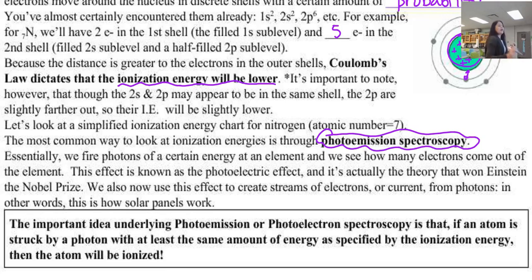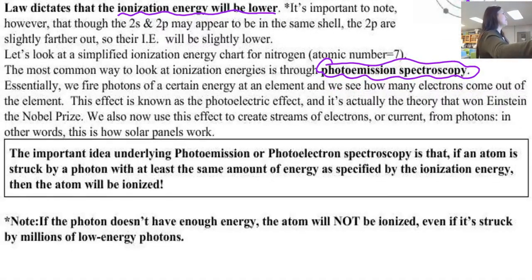Okay, so the important idea underlying photoemission, or PES, photoelectron spectroscopy, is if an atom is struck by a photon with at least the same amount of energy as the ionization energy, then that electron is going to pop off and we would say that that atom is now ionized, okay? Because ionized simply means that you formed an ion, a particle with a charge.